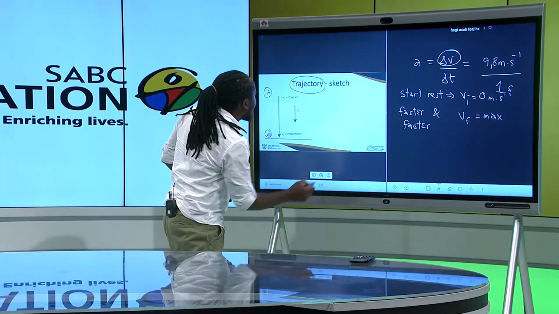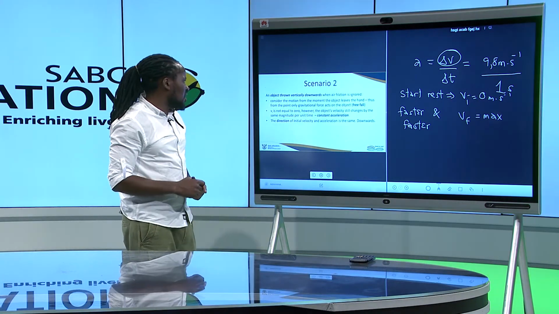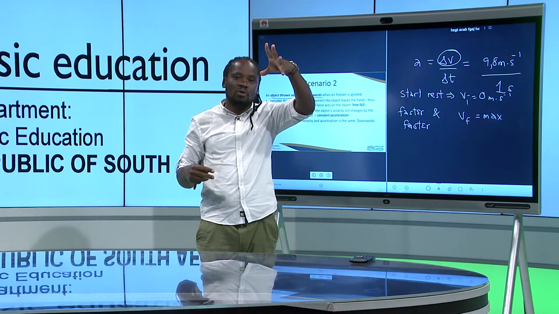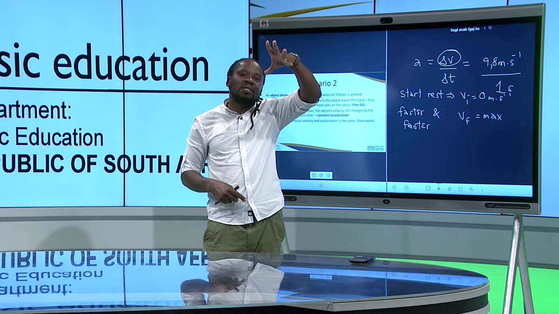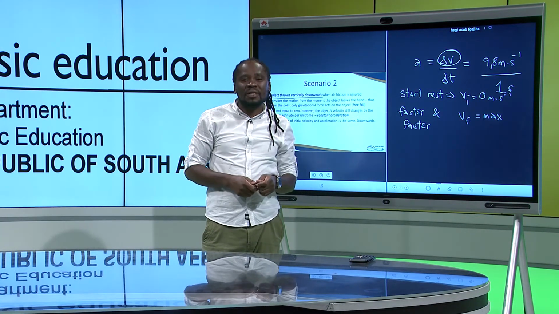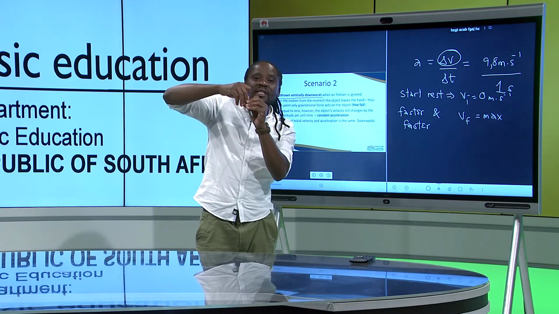Okay, and then let's look at the second scenario, an object that is thrown vertically downwards. How is this different or similar from the previous scenario of just dropping? Now, if you're dropping, you just let go and then gravity does the rest. But in the case of throwing down, we exert a force on the object until the point it leaves your hand.